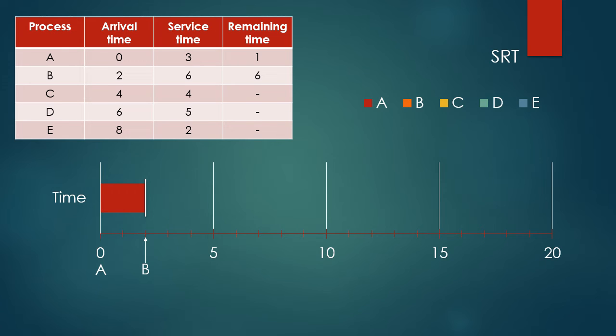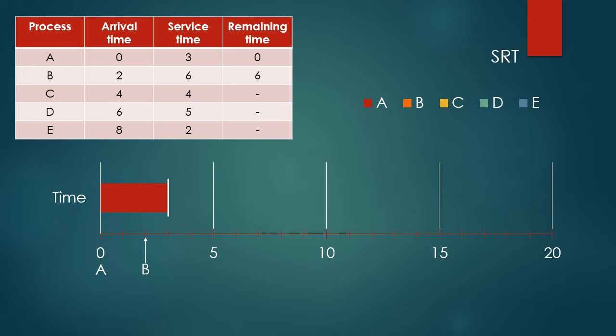At this point in time, the remaining time of A is 1 and the remaining time of B is 6. Since the remaining time of A is shorter, the dispatcher does not switch A and lets it be on the processor. A runs for one more second and then it finishes off.